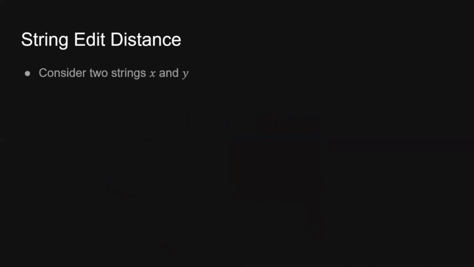So for those kinds of scenarios, there's this thing called the string edit distance. The idea of it is that when you have a string X and string Y, how many modifications would be required to convert a string X to a string Y?